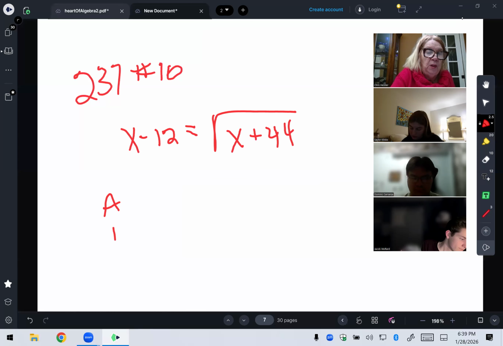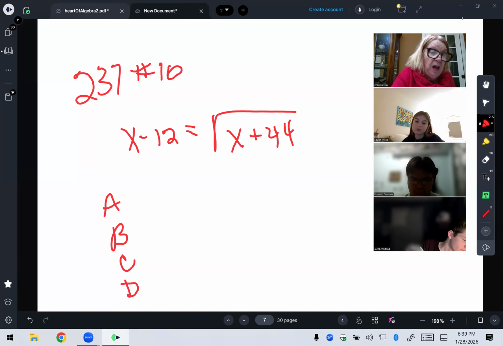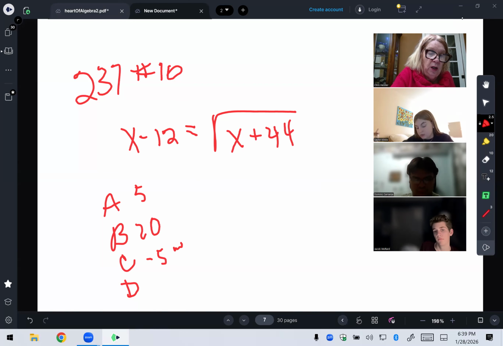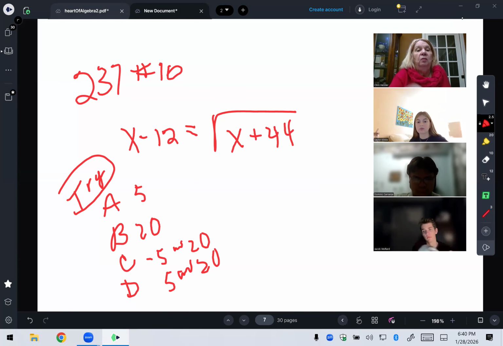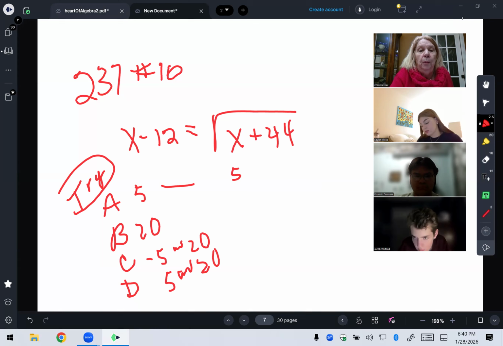It's a waste of time, right? So all you're going to do when you see two values like this, 5 and 20, is just try these, and we're not going to square both sides and go through all that heartache. So if we try 5, I think that this one's a 20.